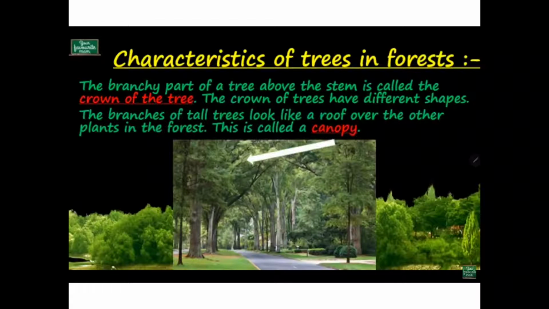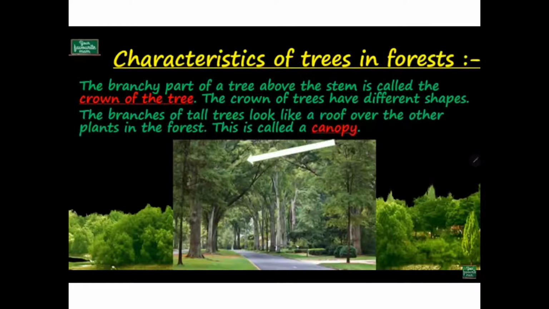The crowns have different shapes. The branches of the tall trees look like a roof over the plants in the forest, and this roof formed by the tall trees over the other plants is called the canopy. You can have a look where the arrow is shown.